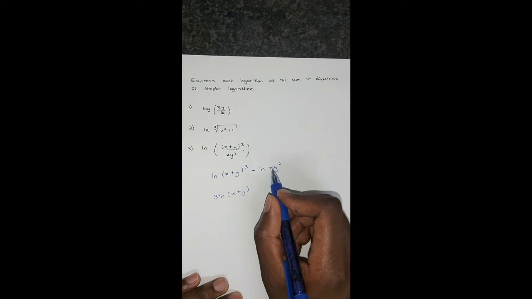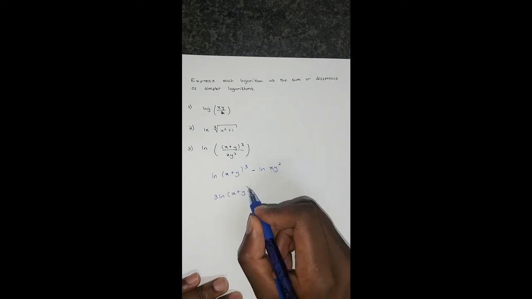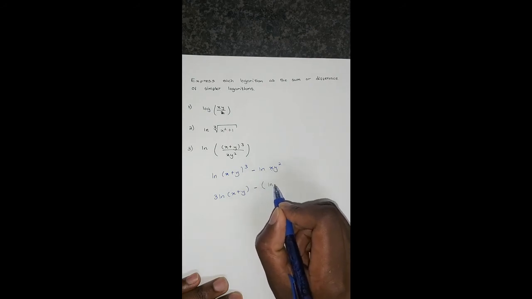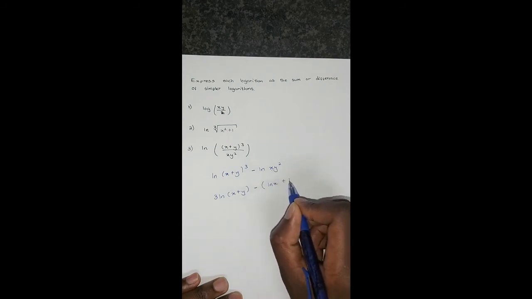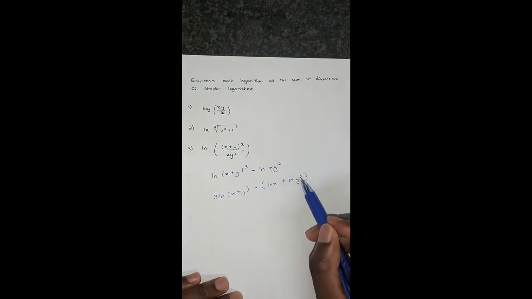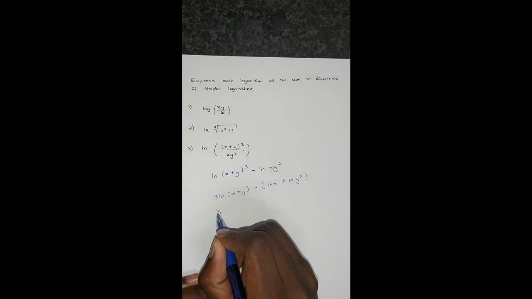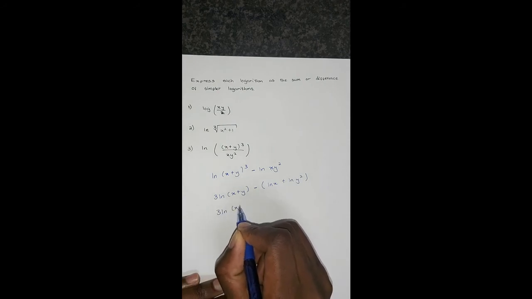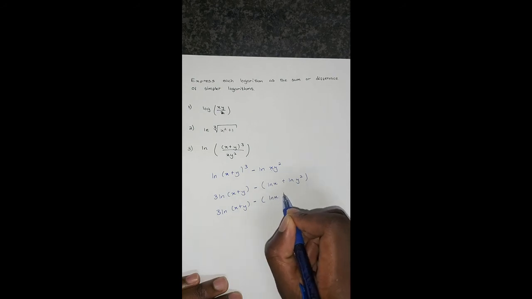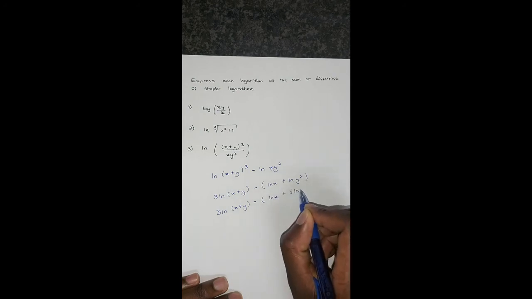Then with this one now there is a multiplication sign in here, so it's a product, so it's minus the factor of ln x plus ln y squared. And then ln y squared can be 2 ln y, so that's 3 ln (x plus y) minus (ln x plus 2 ln y).